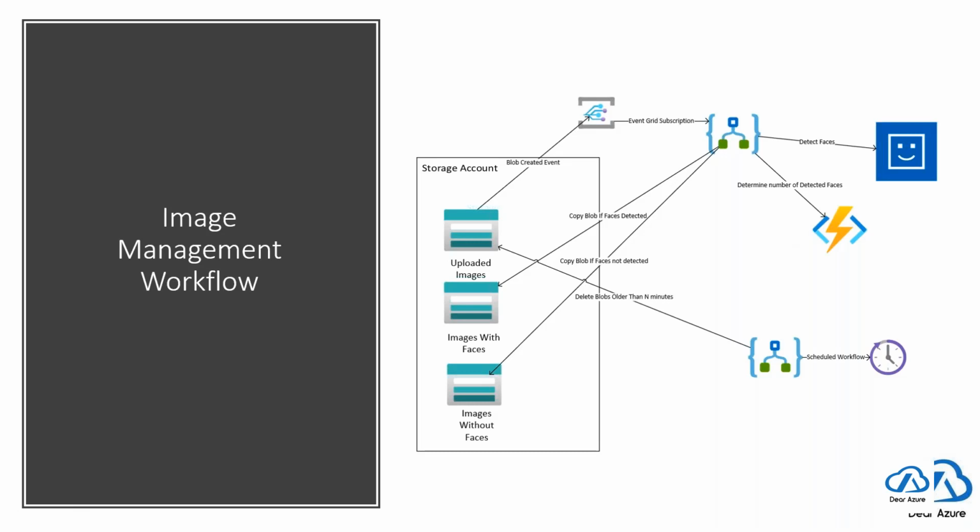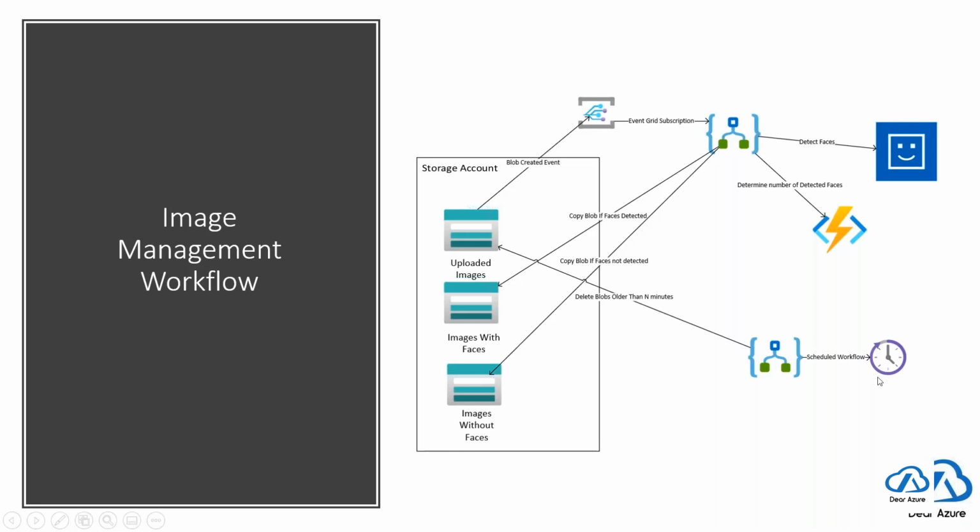If the count is greater than 0, we copy the blob from the input container into the images with faces container, or if it is 0, we move it to images without faces.